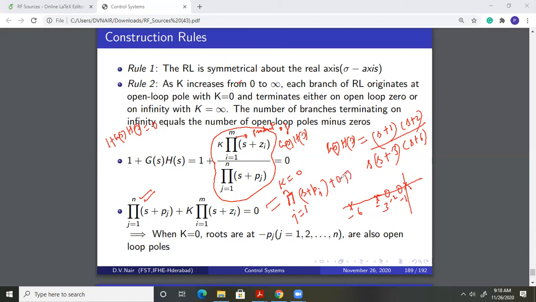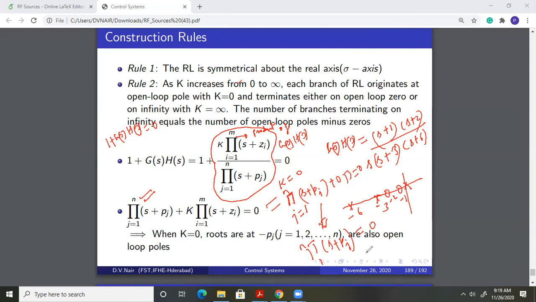Anything into 0 will be 0, so I need not worry about that. So what remains is the product of (s plus pj), j running from 1 to n, equal to 0.